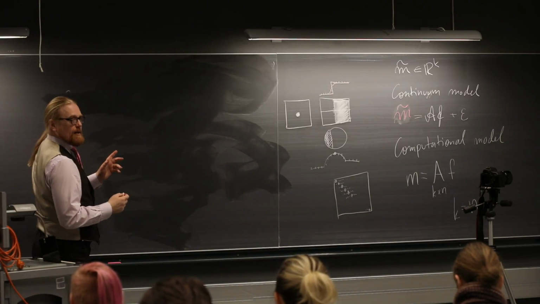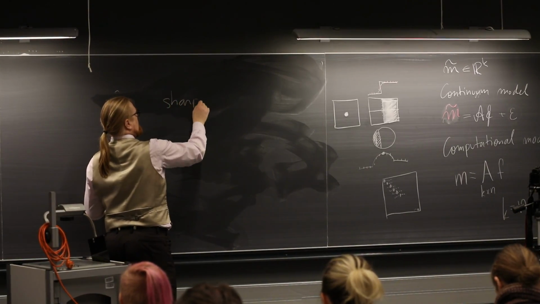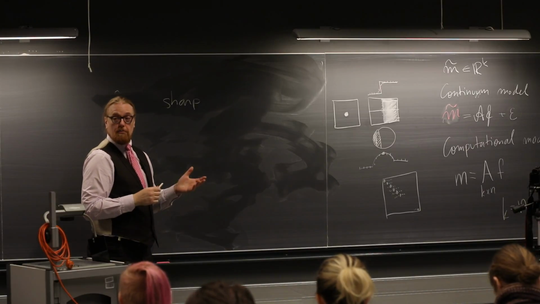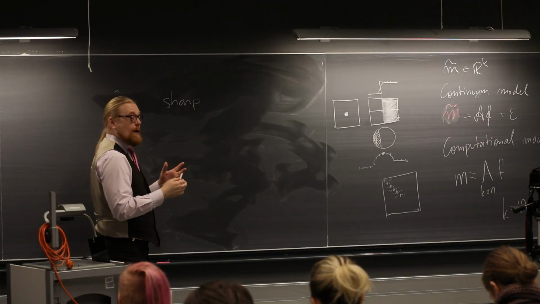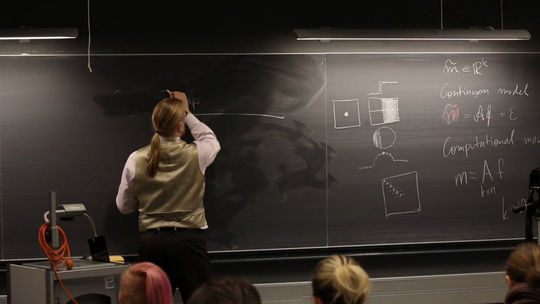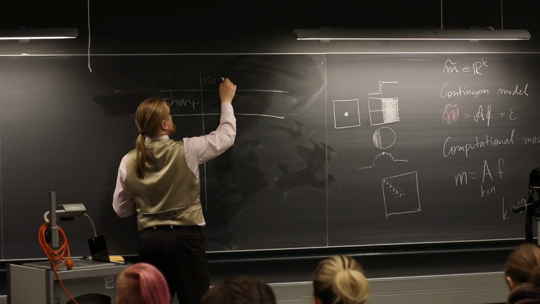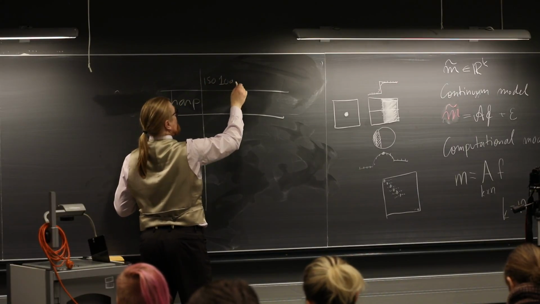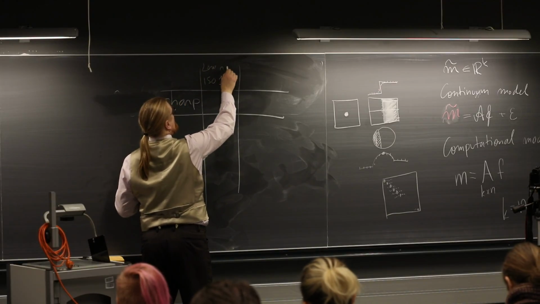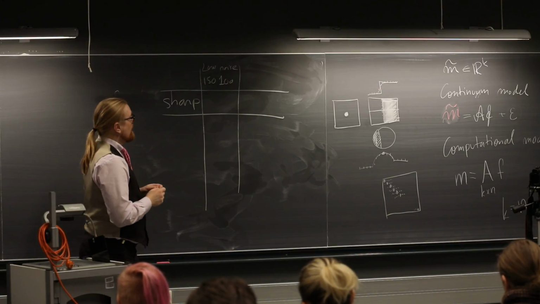So we need to take several pictures. We need to take a sharp picture just to have our phantom and see how it is. And for comparison reasons, we should take sharp pictures with ISO 100. So that means low noise.